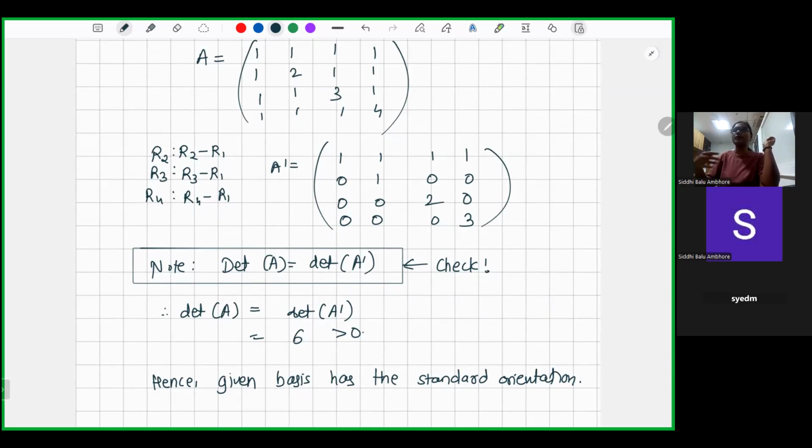So in that case, you have to actually calculate the basis change matrix, find its determinant, and conclude whether the given bases are from the same orientation class or not.